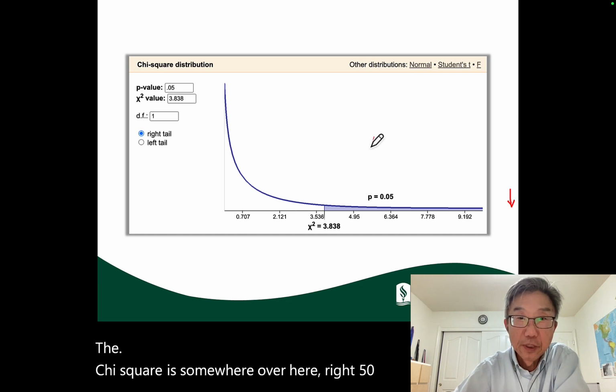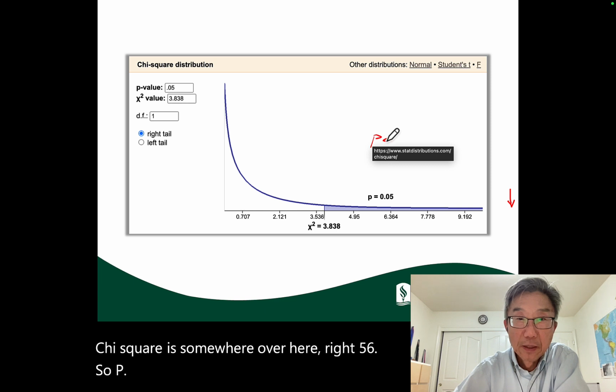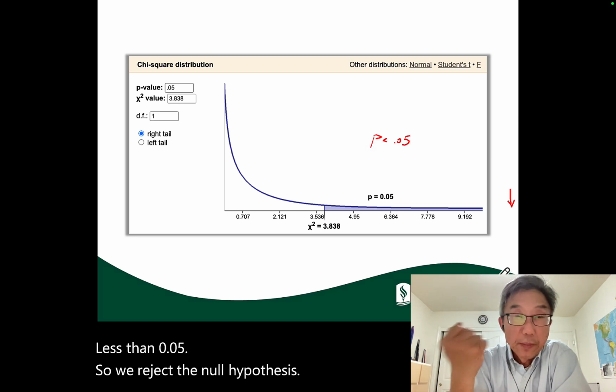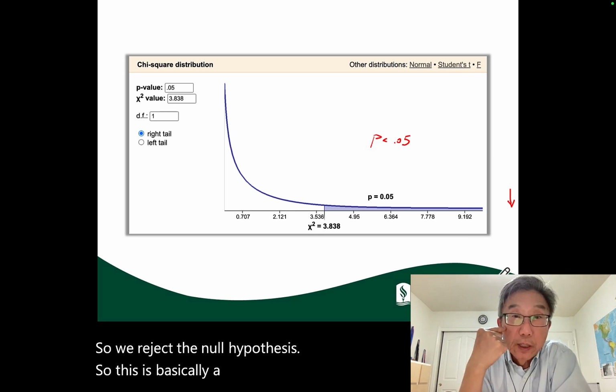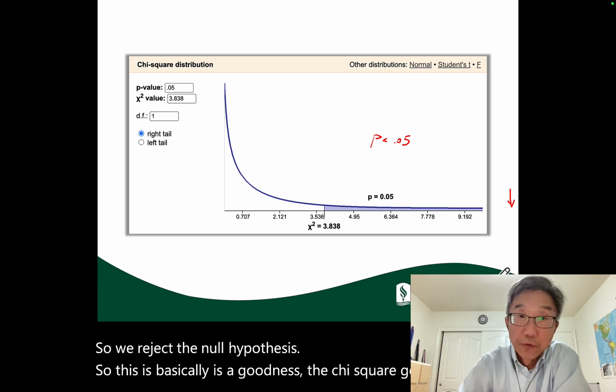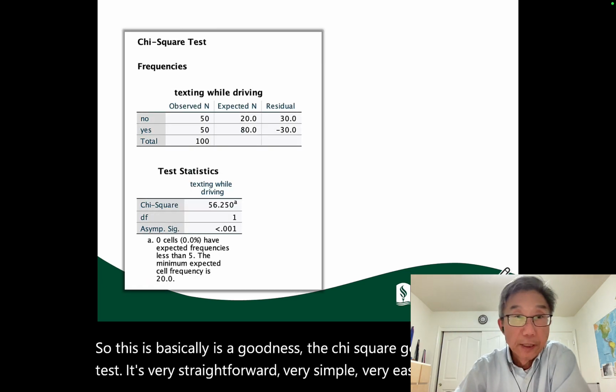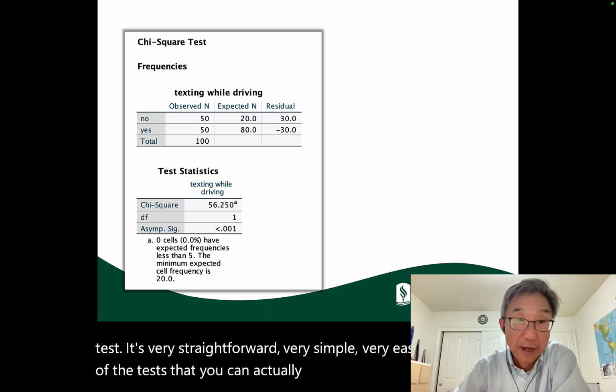So p less than 0.05. So we reject the null hypothesis. So this is basically the chi-square goodness of fit test. It's very straightforward, very simple, very easy. This is one of the tests that you can actually run just by hand.